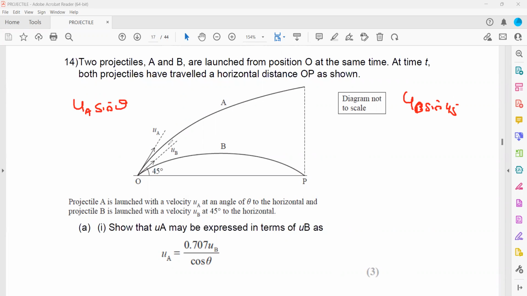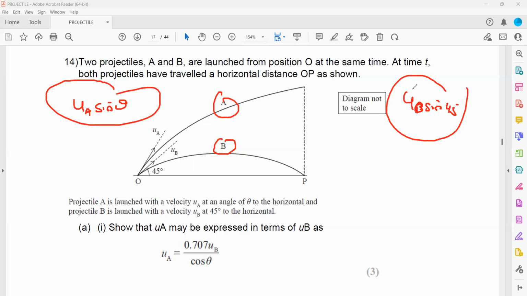A is rising to a greater height than B, so A has a higher vertical component than B. UA sine theta will be more than UB sine 45.